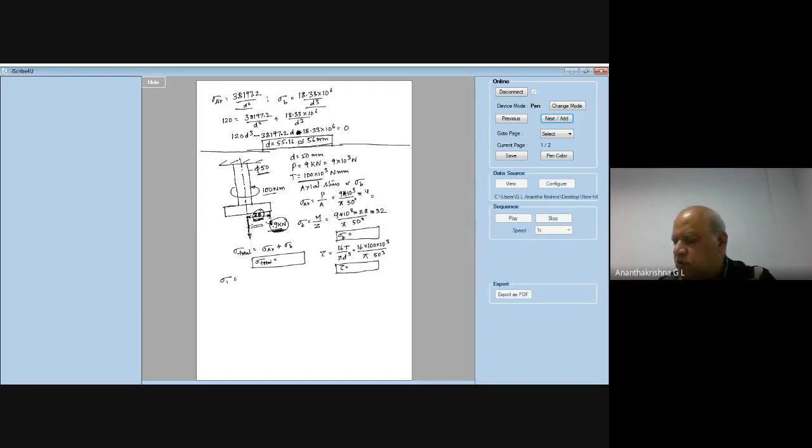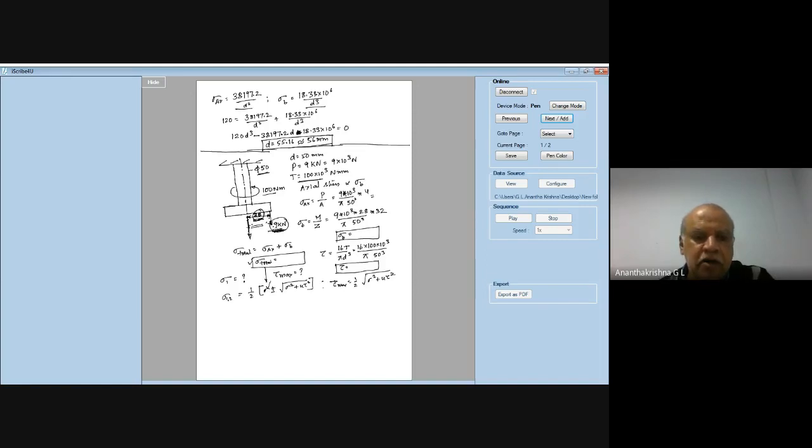So we need to find sigma 1 and tau max. Using sigma total, sigma 1,2 is half of sigma plus or minus root of sigma square plus 4 tau square. Then tau max is half of root of sigma square plus 4 tau square, where sigma is nothing but sigma total.